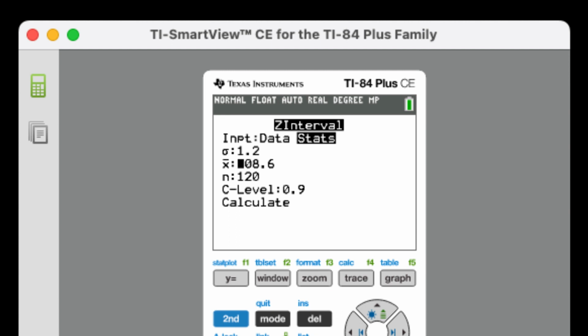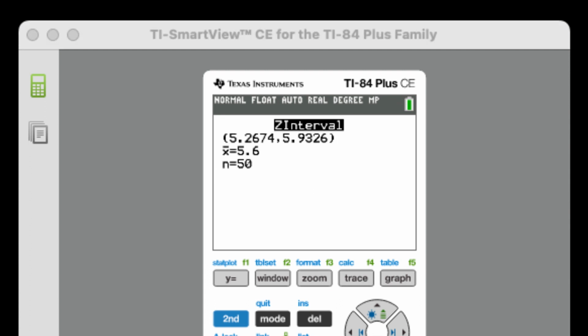Sample mean is 5.6. Sample size, 50. Confidence level. And then we hit calculate. Now let's go out to the nearest thousandths if we can. What do we see?